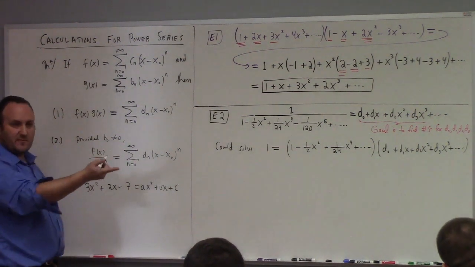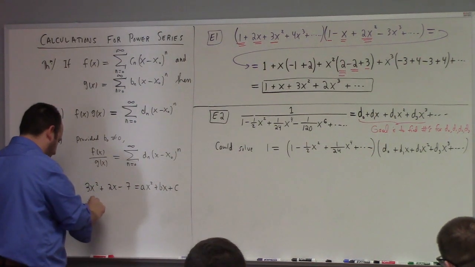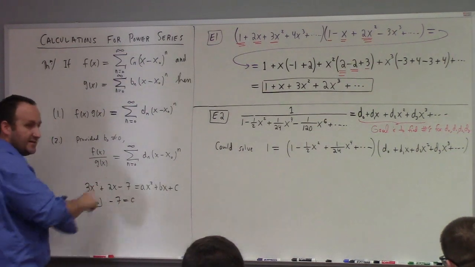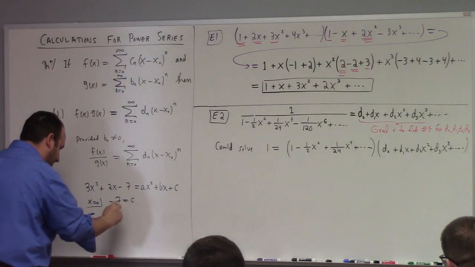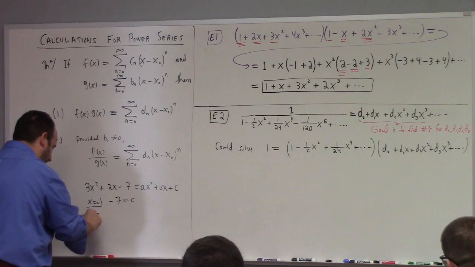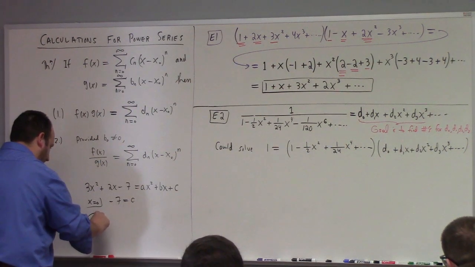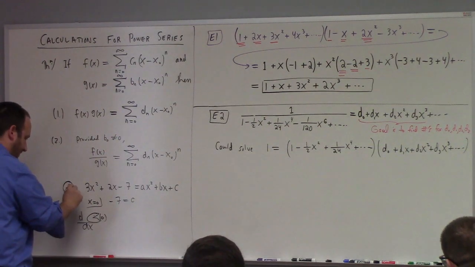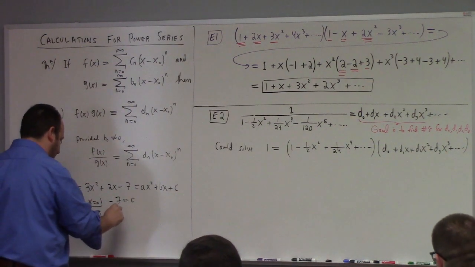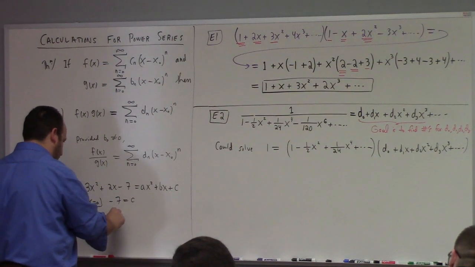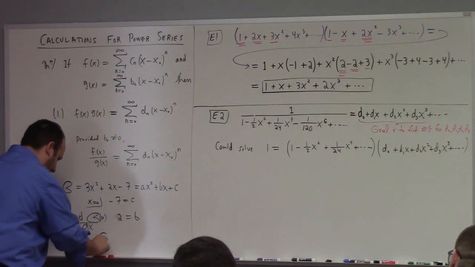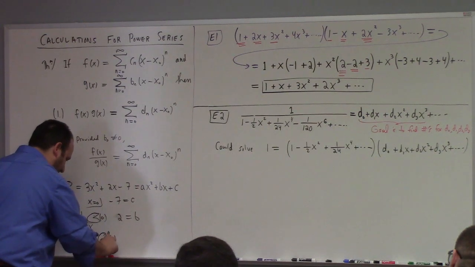Plug in 0. What do you get? Minus 7 equals c. Differentiate the expression. What do you get? We get 2 equals b, right? If we look at the second derivative, you don't even need to feed it 0.